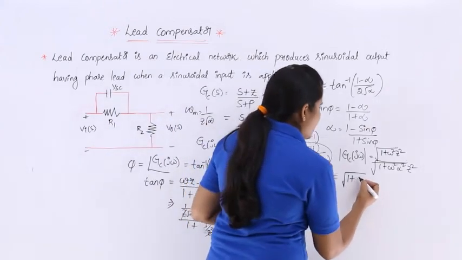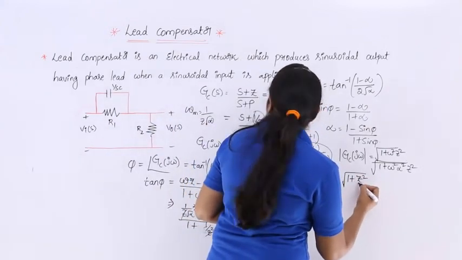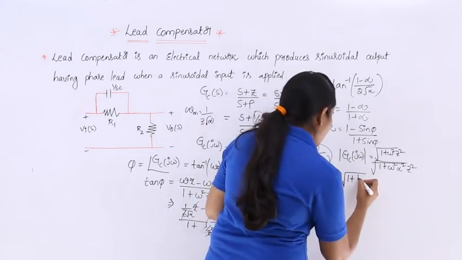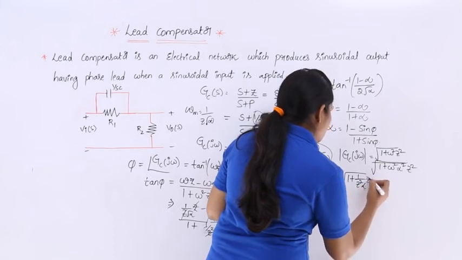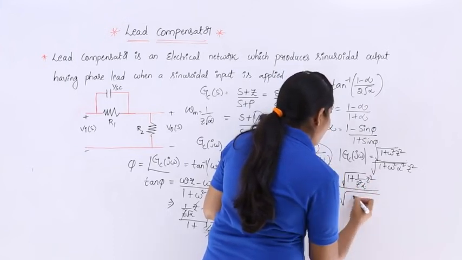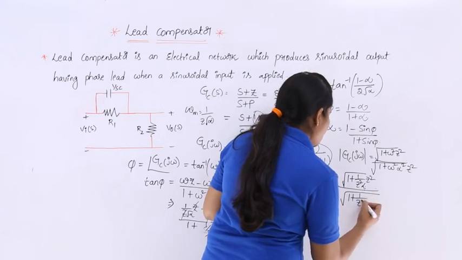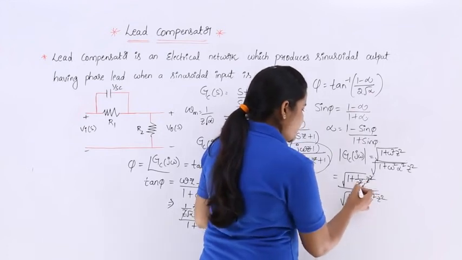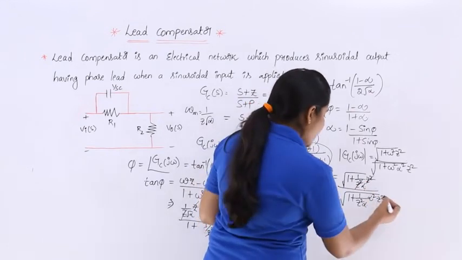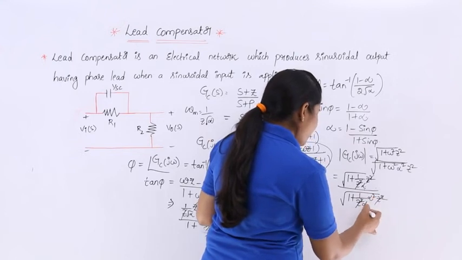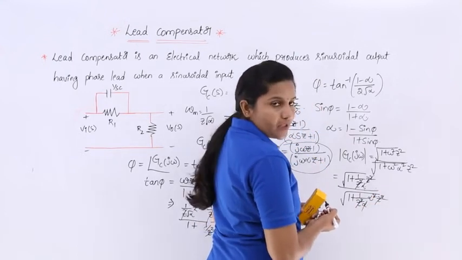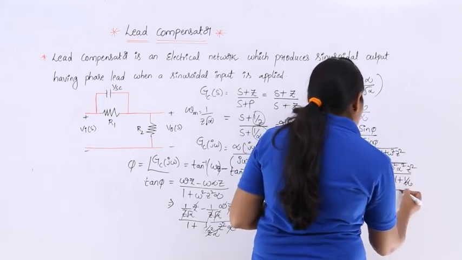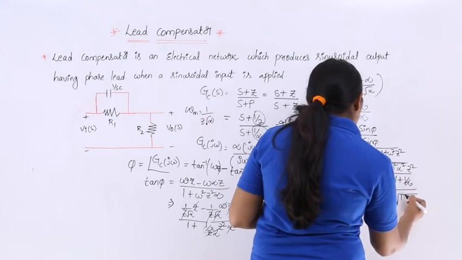So here, 1 plus omega square Z square, with omega square equal to 1 by Z square alpha, gives 1 plus 1 by alpha, divided by root of 1 plus, 1 by Z square alpha into alpha square Z square. You can see this Z square will get cancelled, and the Z square and 1 by alpha will cancel. So this is equivalent to (1 plus 1 by alpha) divided by root of (1 plus alpha).